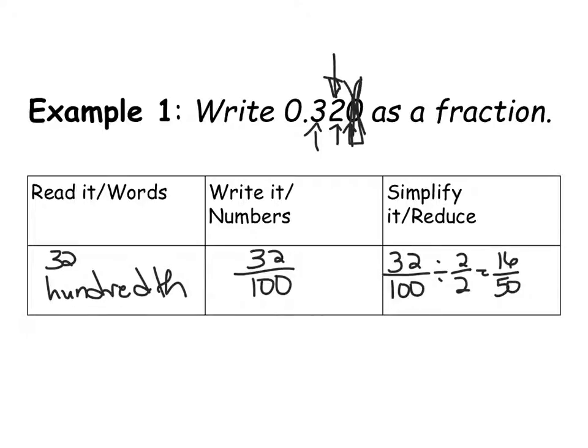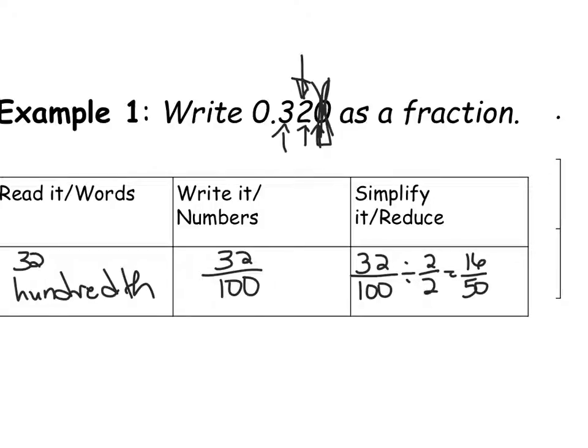Now again, we still have numbers that are even, so that means I could actually simplify it again. And we're going to simplify it by dividing it by 2 again. So in this case, we have 16 divided by 2 is 8. 50 divided by 2 is 25.